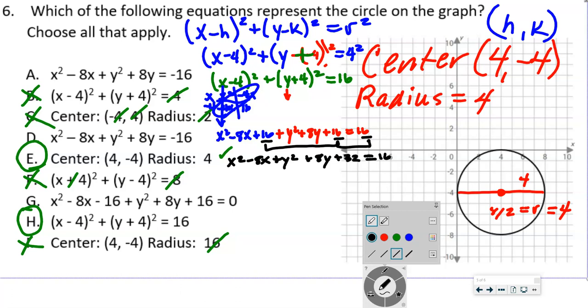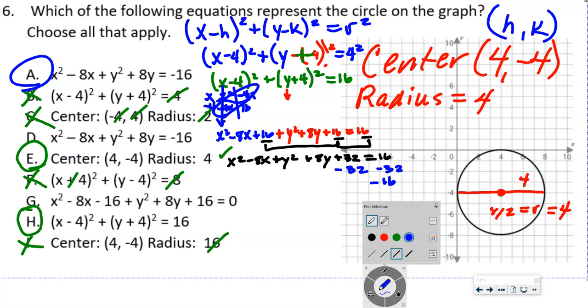So let's see if we can find some matches here. So x squared minus 8x, y squared plus 8y, minus 16. Well, if I subtract this 32 from both sides, that would give me a minus 16, wouldn't it? So that's a correct answer. Let's check the next one.